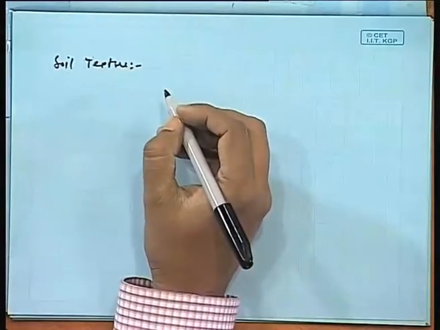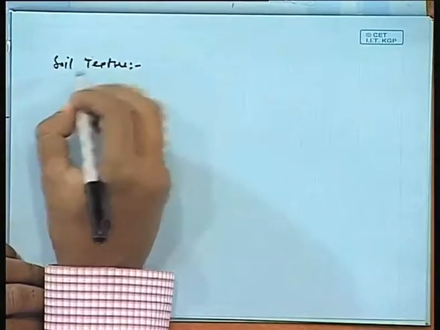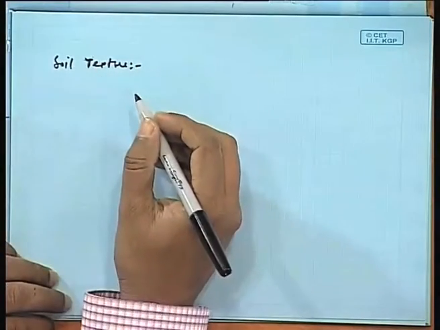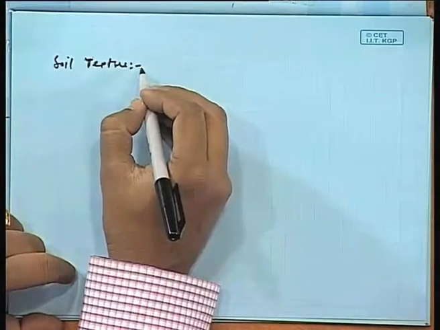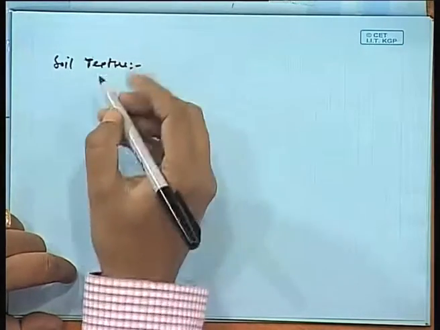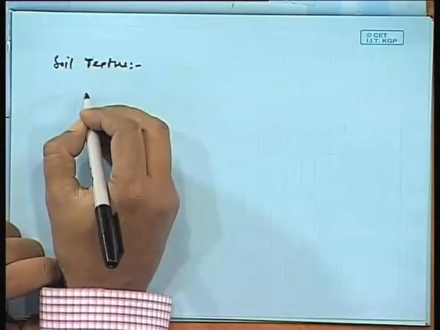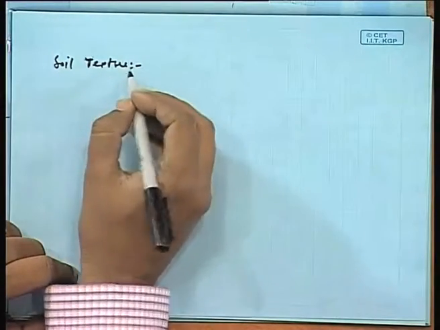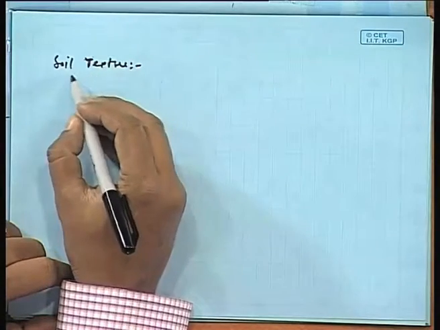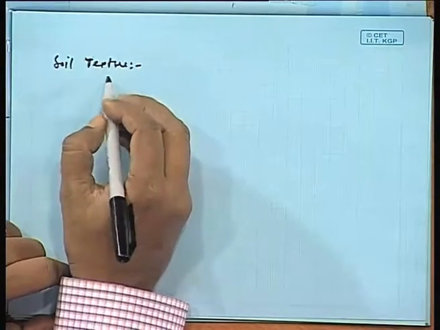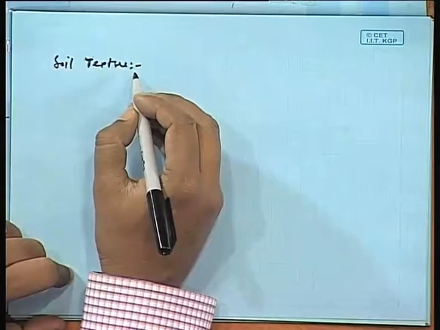Also a very important part of the soil, not critically important, but on the other hand it has a great role to play. As I was discussing with you yesterday, as well as in the lab class, and also in the last class that we discussed, the soil texture has a great role to play.